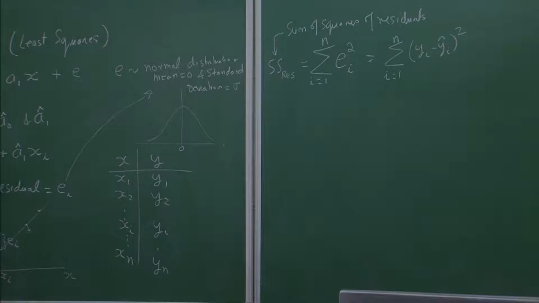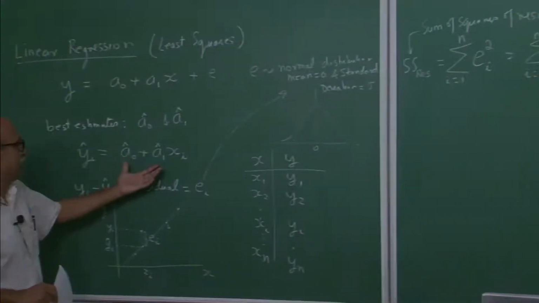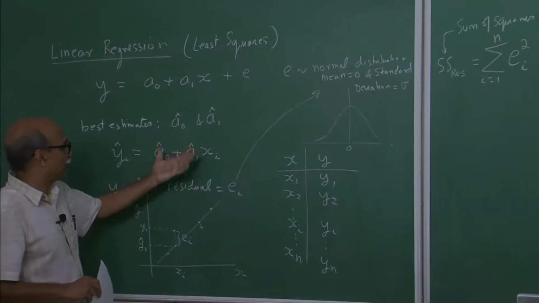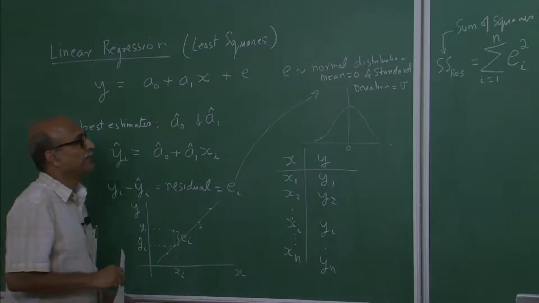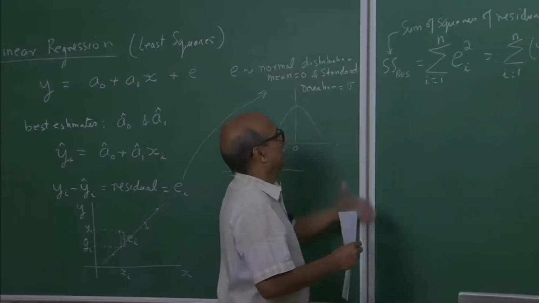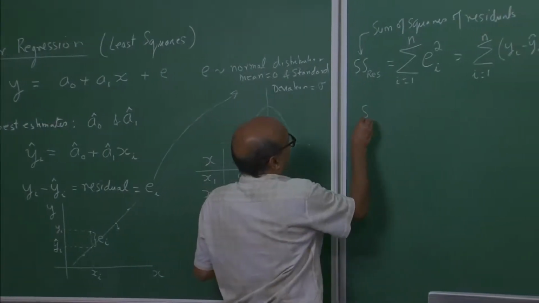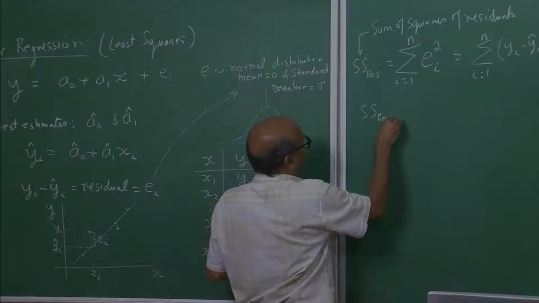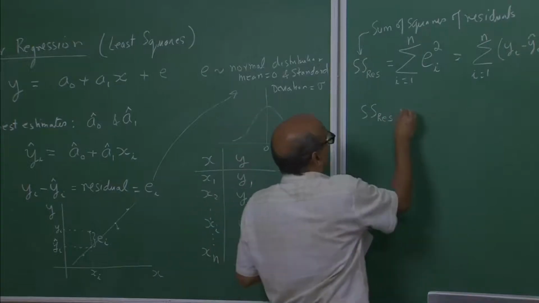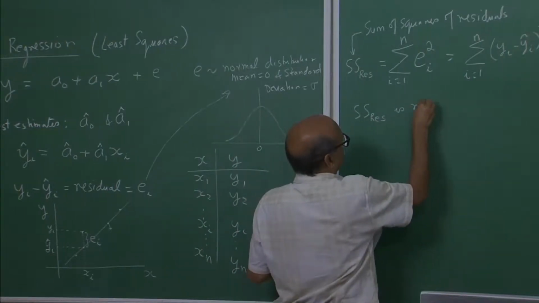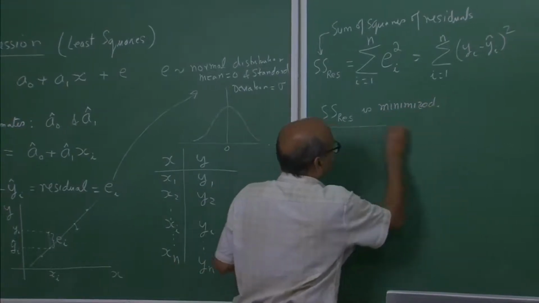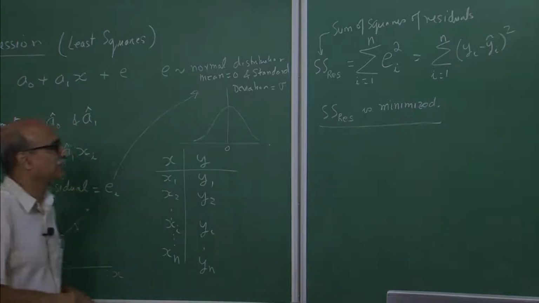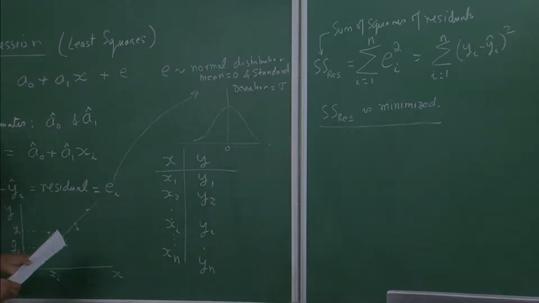We want to find the estimates for a0 and a1, as a0 cap and a1 cap, such that the sum of the squares of the residual, SS residual, is minimized. So, we need to minimize the sum of the squares of the residuals.